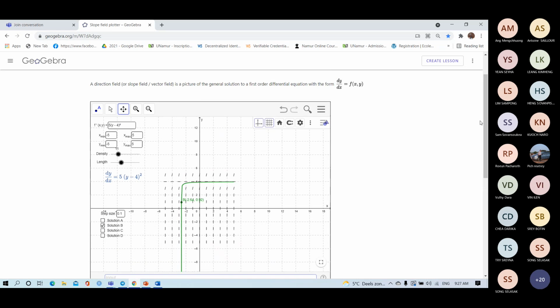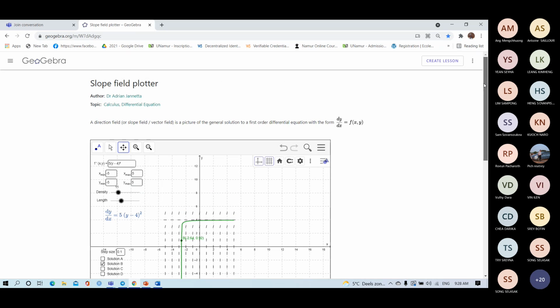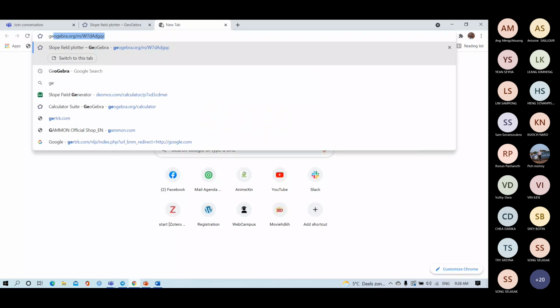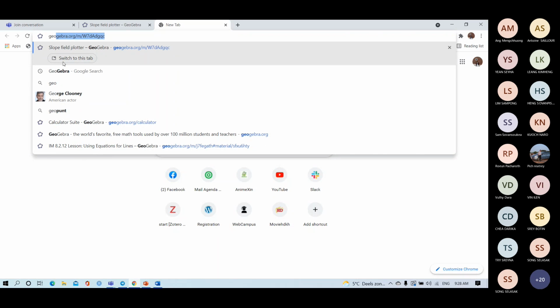In the formula of this kind of tool, you don't have only one equation here, because the author tries to take you through calculus and differential equations. That's why you can see it on the page, but actually you have a lot of things here. So okay, I can put GeoGebra here.